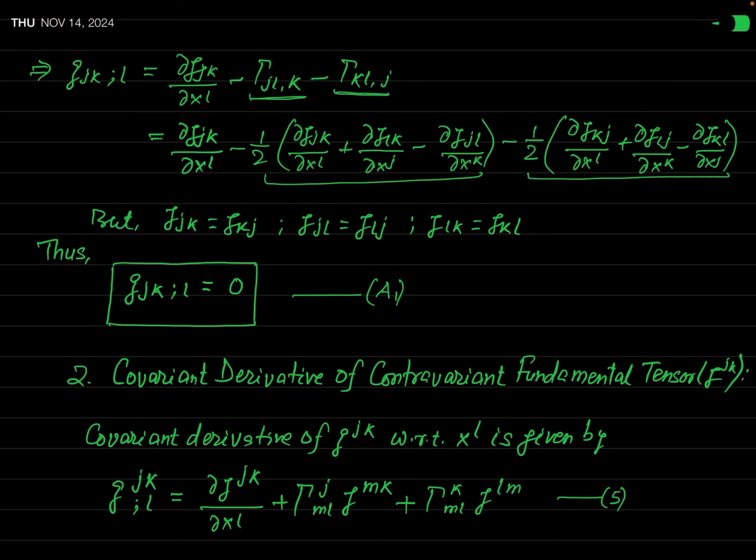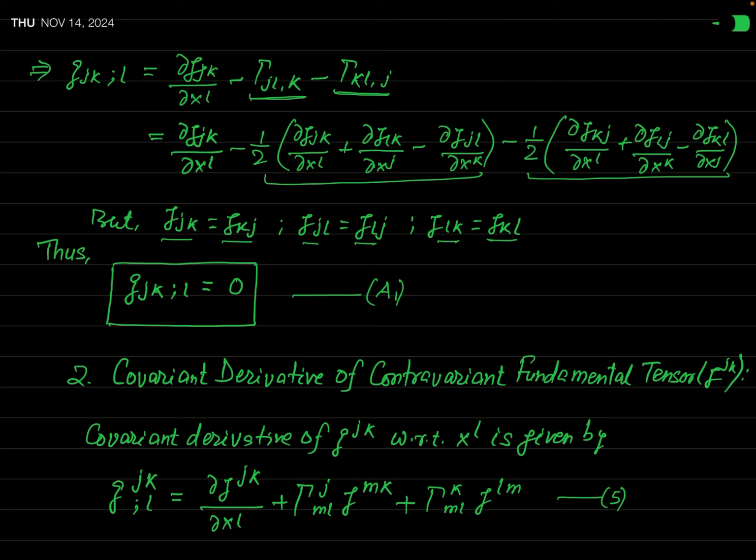But you know that the covariant fundamental tensor GJK is a symmetric tensor. And if it is a symmetric tensor, you can easily say that GJK will be equal to GKJ, GJL will be equal to GLJ, and GLK is equal to GKL.